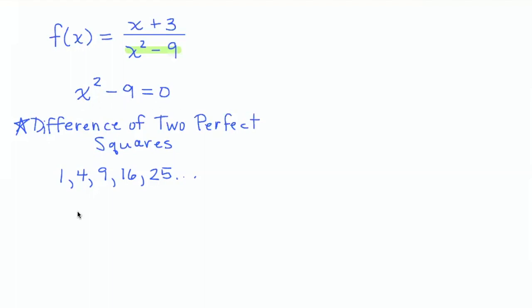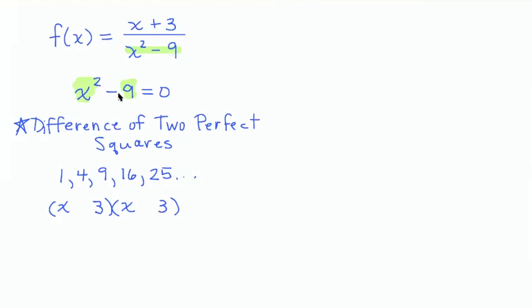When you face difference of two perfect squares, you will always get two binomials. You split up the first term into equal factors, x and x, which when multiplied give you x squared. And then you split up the second term into equal factors of 3 and 3. I don't want to use 1 and 9. They have to be equal for this method.